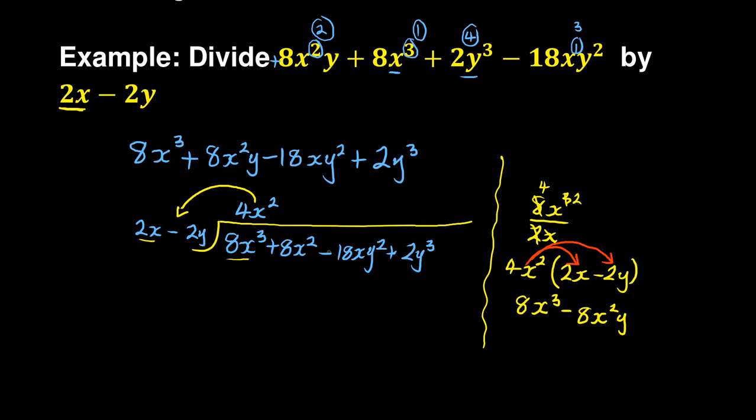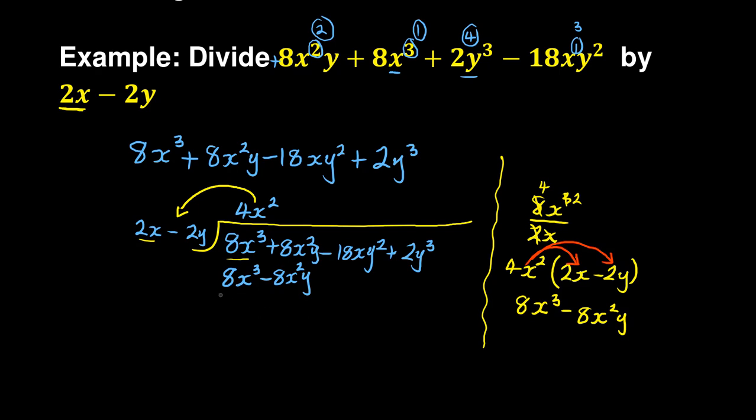So this is what you're going to write underneath. In this case, you're going to write it here as 8x cubed minus 8x squared y. And if you check from the top, I think I forgot a y there. So that is what you have.